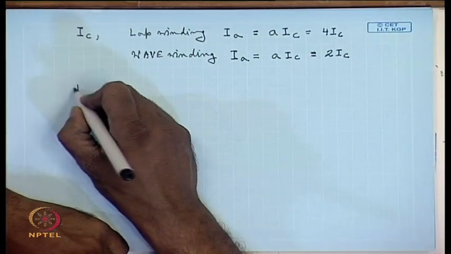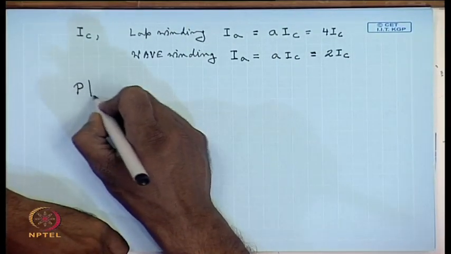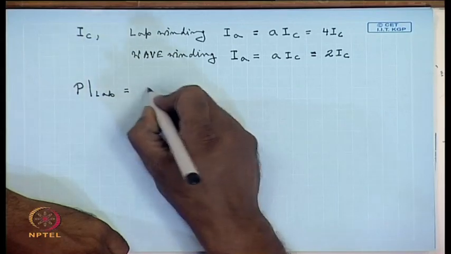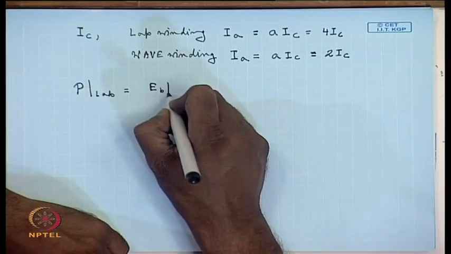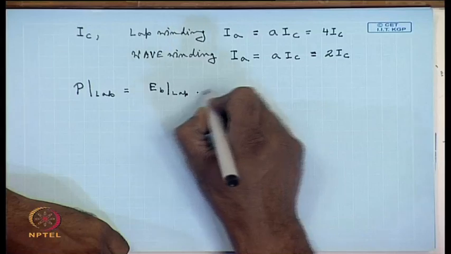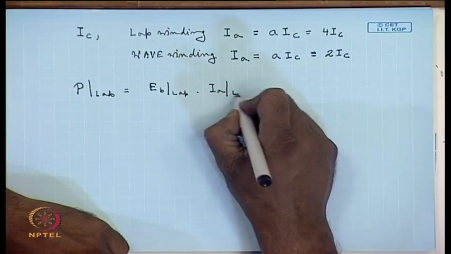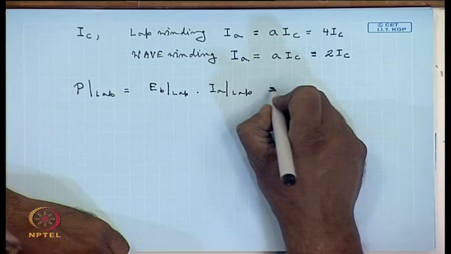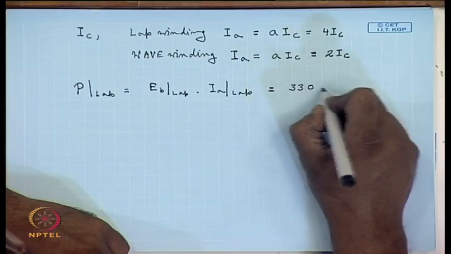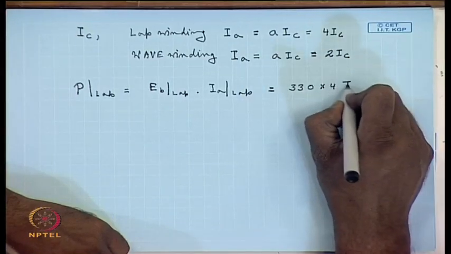So, power for the lap is E b lap into I a lap equal to 330 into 4 I c.